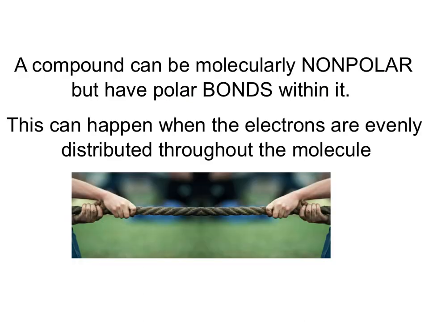And that's exactly what this slide says right here. A compound can be molecularly nonpolar, so the whole molecule can be nonpolar, but within that nonpolar molecule, there are small polar bonds. The big idea is that all of your polar bonds are going to pull evenly, kind of like in a tug of war. Both sides could be pulling equally.